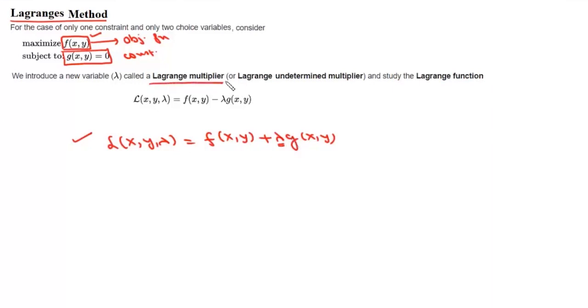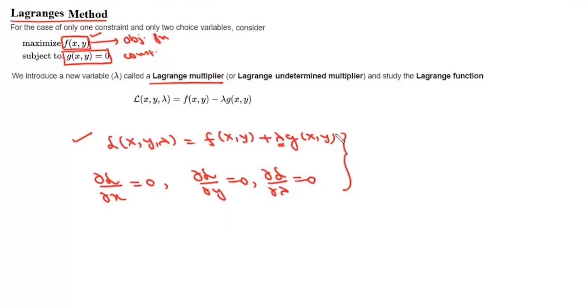Now we'll find the gradient of this function and put it equal to 0. So we define del L by del x equals 0, del L by del y equals 0, and del L by del lambda equals 0, and we'll solve these conditions to find maxima and minima of this function subject to the given constraint.